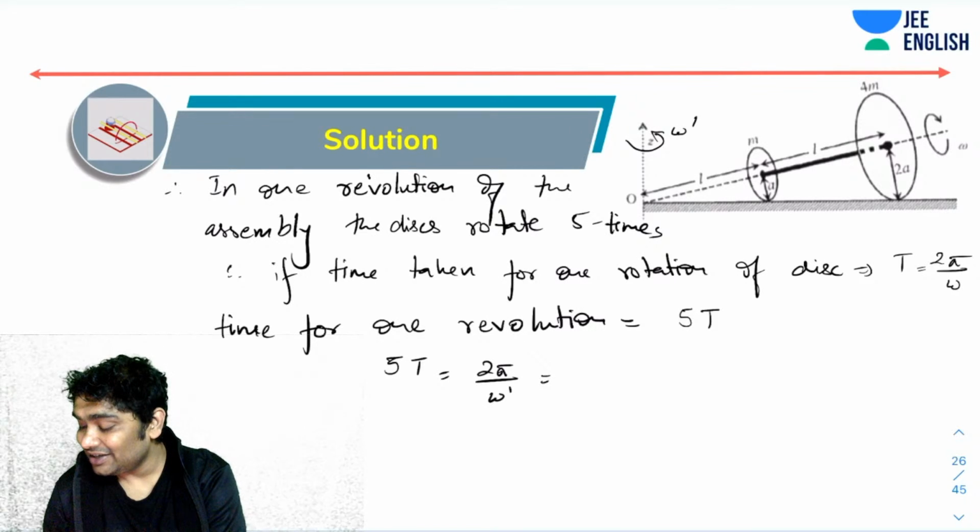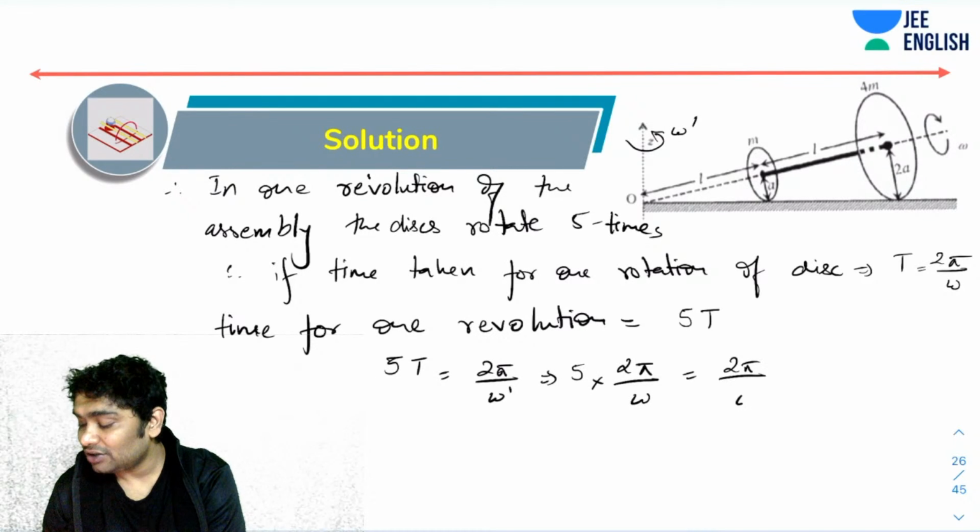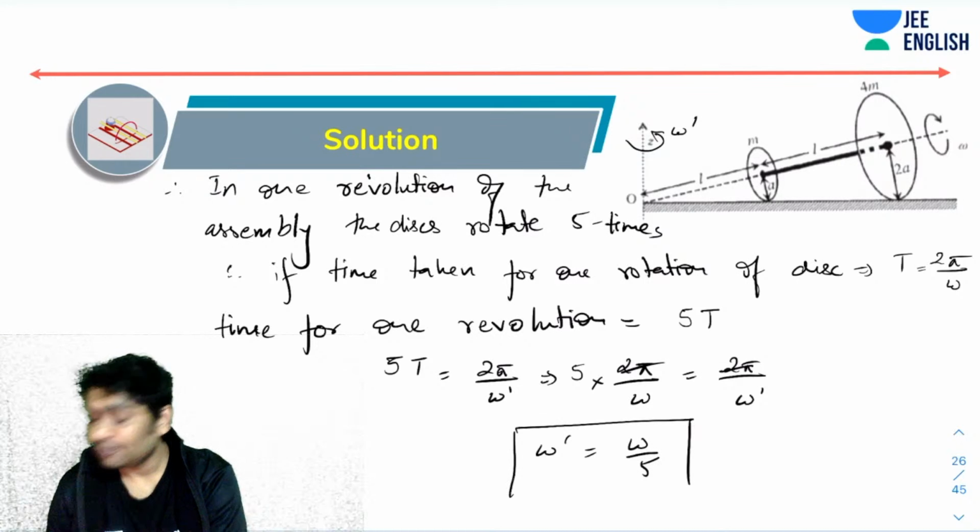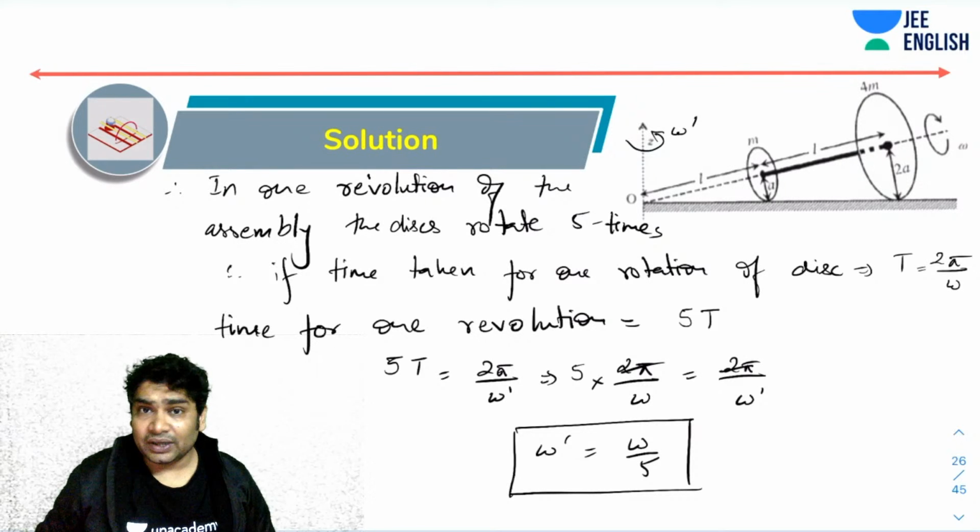I'm saying that 5 times 2 pi over omega is equal to 2 pi over omega dash. So firstly, I'm getting omega dash equals omega by 5. This should be easy to see. I hope there is no confusion about this.